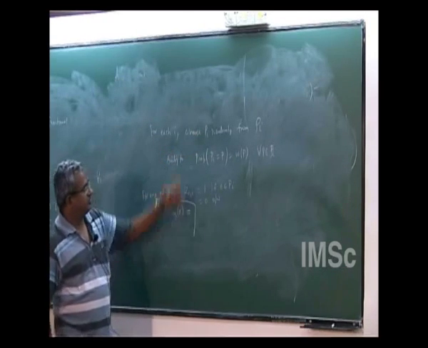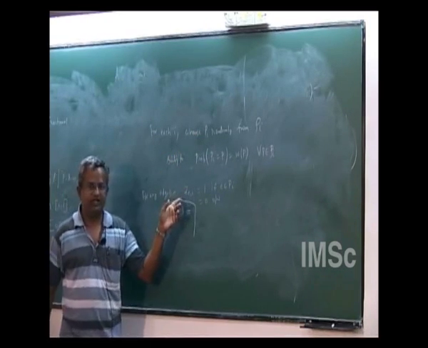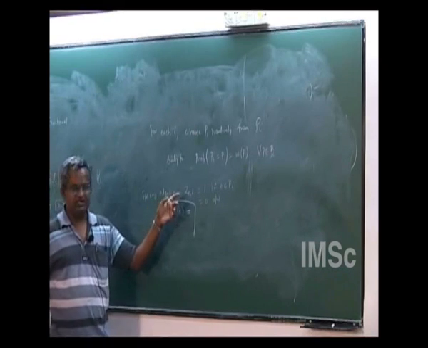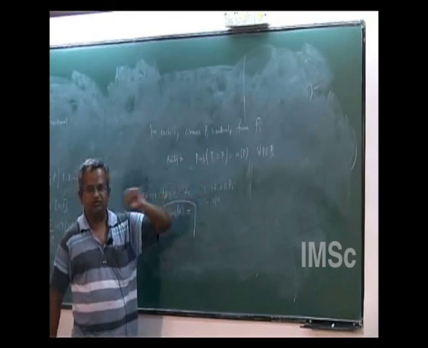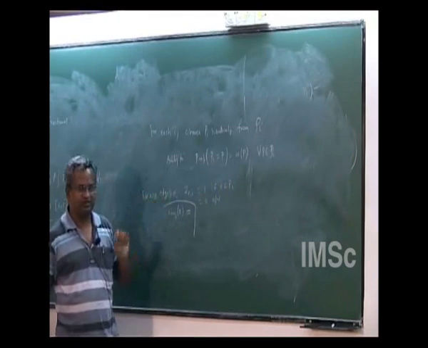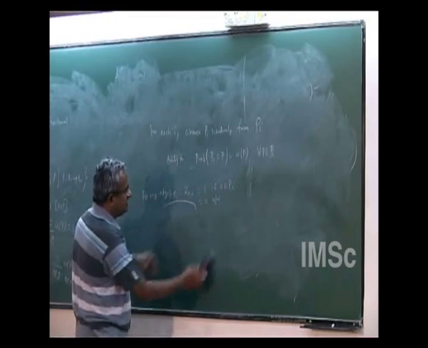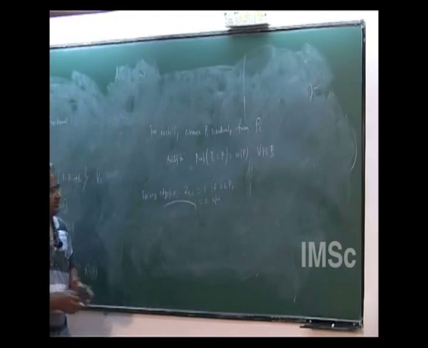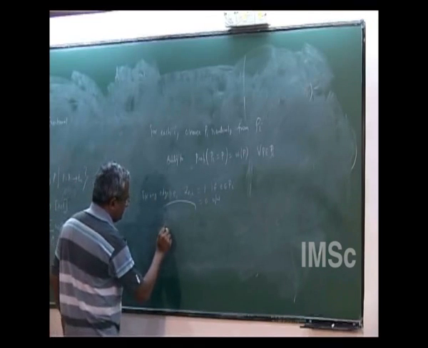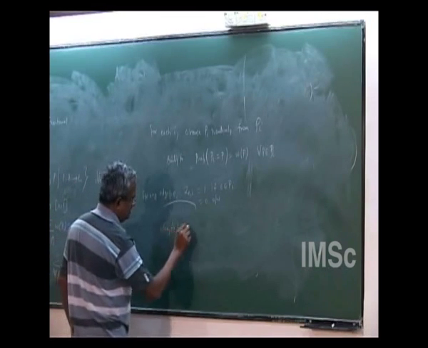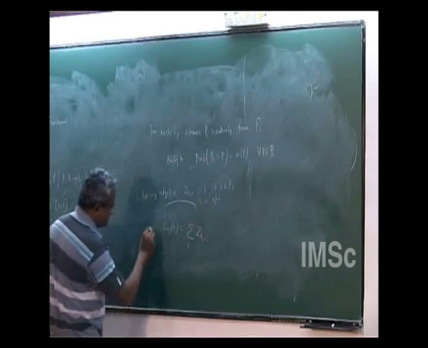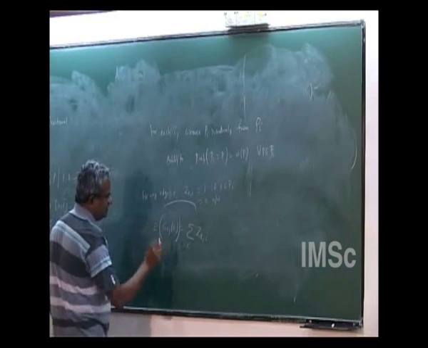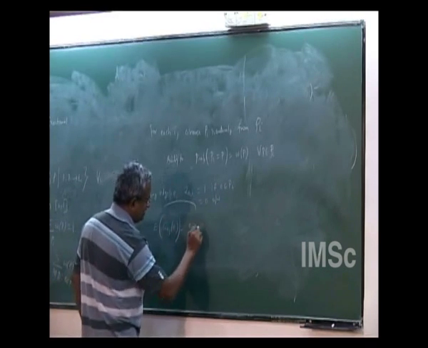With respect to this random collection, you define an indicator random variable for the edge e. Z_{e,i} is 1 if e belongs to the random path chosen for the ith commodity and 0 otherwise. Then what will be the congestion? Congestion will be the sum of these indicator random variables. So the congestion at the edge e is the summation over i of Z_{e,i}, and hence the expectation of this congestion would be the sum of the expectations of these.